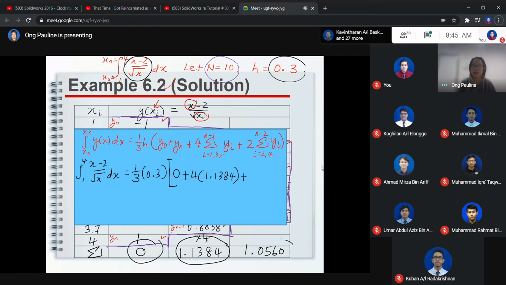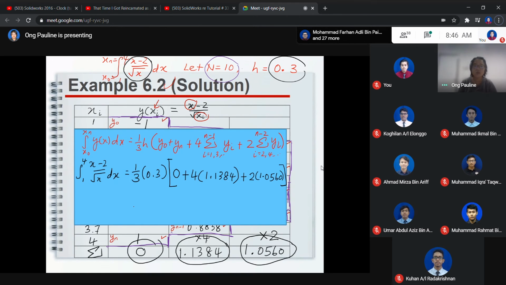Okay, and for the last term, this is the summation for y even number. Okay, so yang hasil tambah di sini, kita dapat dengan jumlahkan y2, y4, y6 dan seterusnya. Okay, and then di sini jangan lupa kita kena darabkan dia dengan 2. So 4, 2, 4, 2. Okay, so here you have 2 multiplied to 1.0560 here.